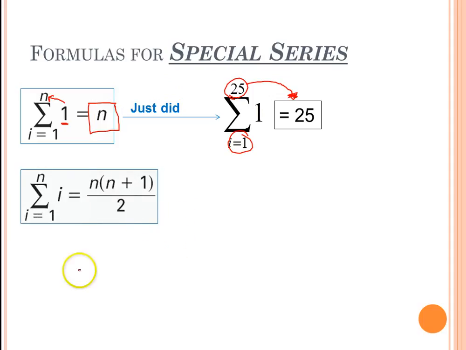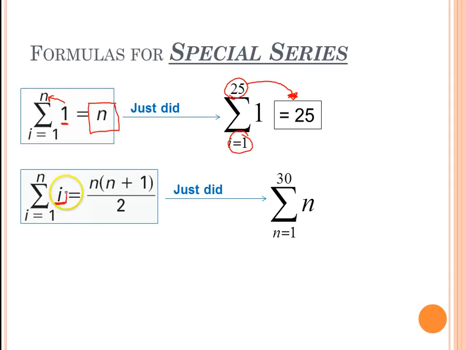Your second special pattern is the one we just did a second ago as well, where we had just the n. Okay, so here's the rule. If we start at 1, we go to n, and our formula is just an i, or just an n, just an x, whatever we have as a variable, but it's just that variable. Okay, we did this for 1 to 30.